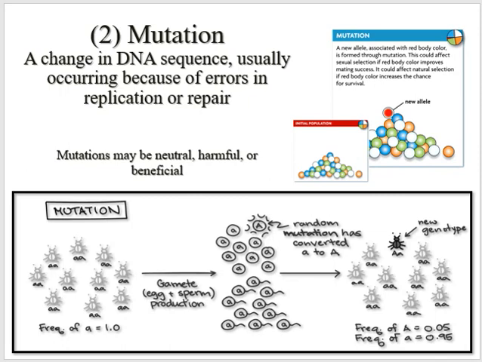Harmful mutations. Right. So harmful mutations themselves are not likely to account for significant changes in allelic frequency. These changes are more likely to be brought about by good or beneficial mutations.